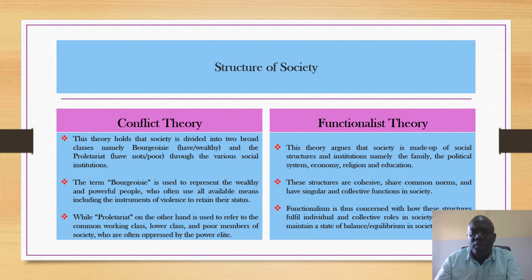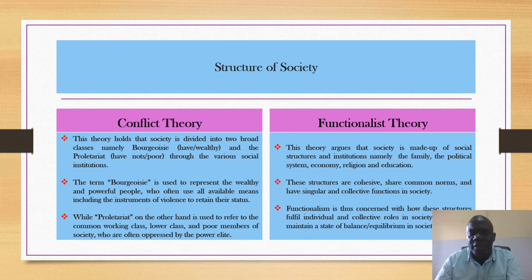So although both theories agree that society is structured, they differ in terms of what this structure is and in terms of the roles those structures play in society. One looks at structures in terms of undermining societal progress.